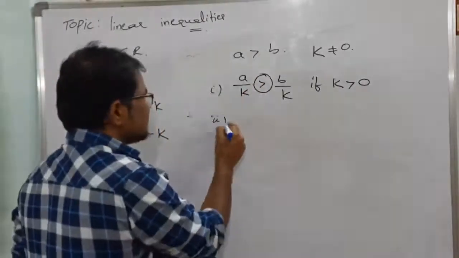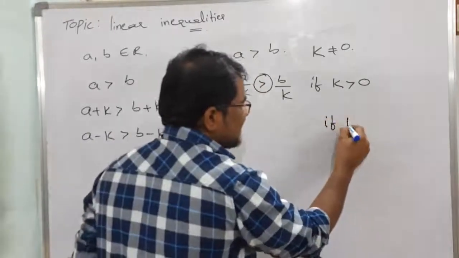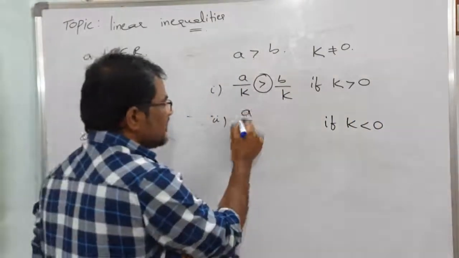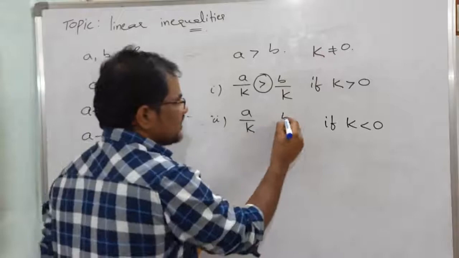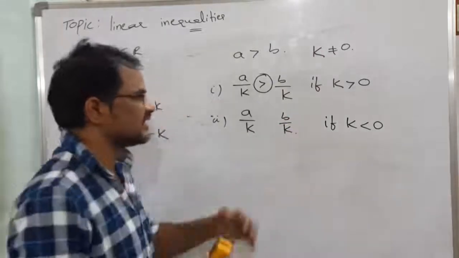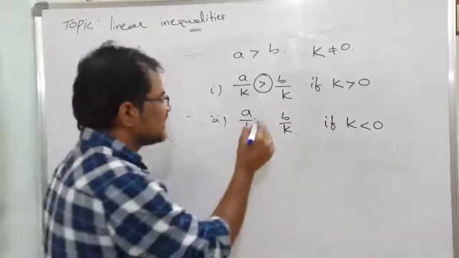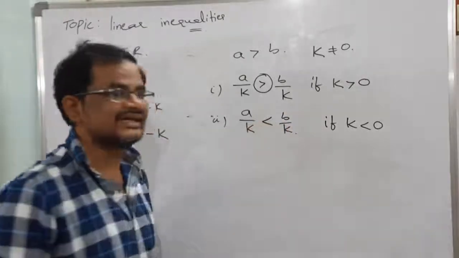But in the second case, if k < 0, dividing by k, the inequality definitely reverses.